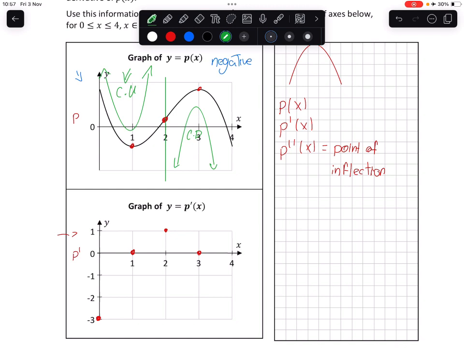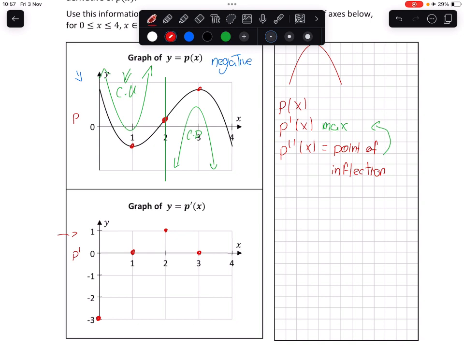The point of inflection is going to have the greatest value, or the maximum value, of p prime of x. So the point of inflection, if we go back up here, is the max it can get to. It could be the minimum as well if it was positive, but it's going to give us the maximum value in this case.